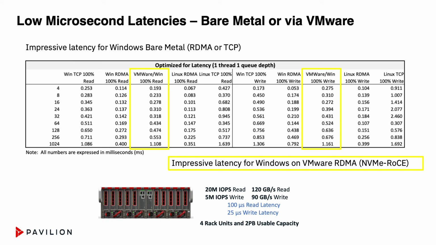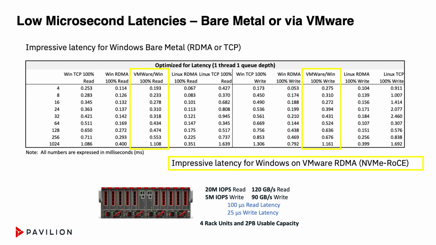We have demonstrated through this table the disk speed on Windows with a single Windows host and a single NIC. Some very impressive latency, whether that's Windows bare metal, the first two columns, Windows TCP and Windows RDMA, the read, and then the first two columns on the right.